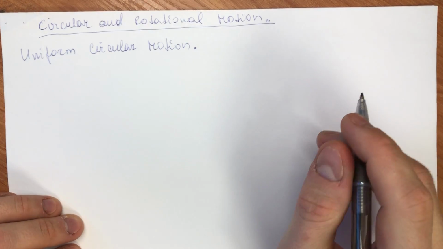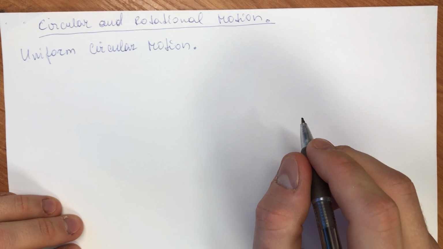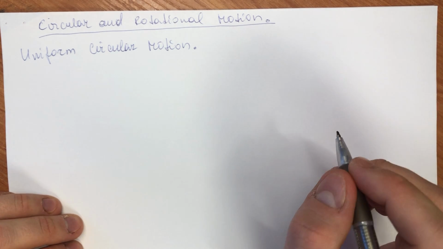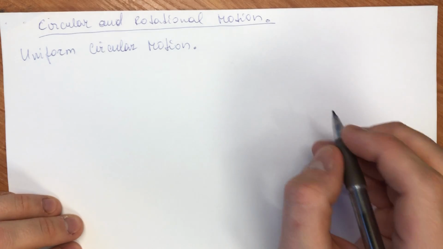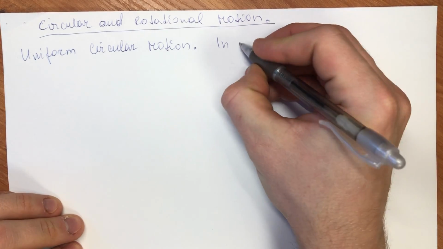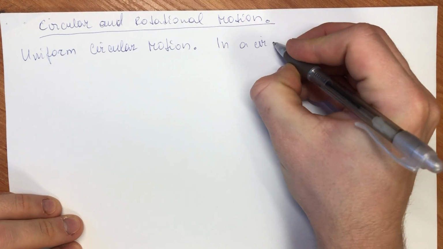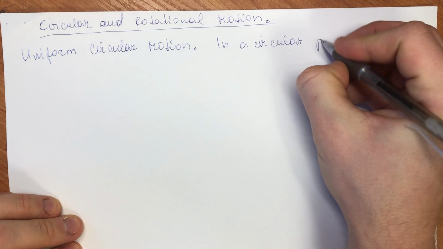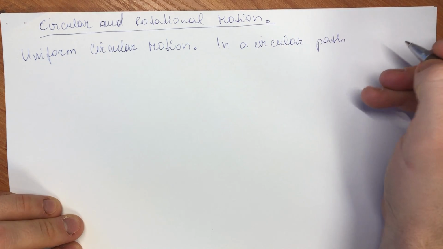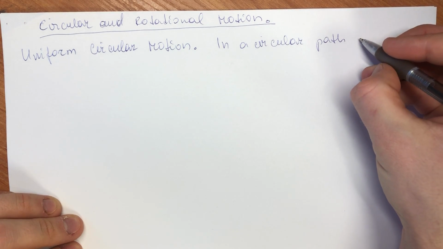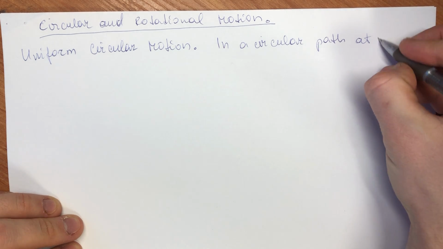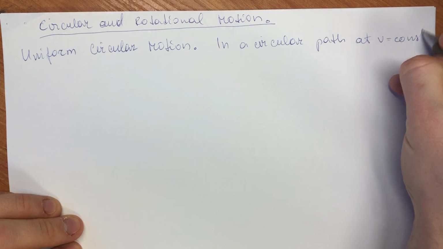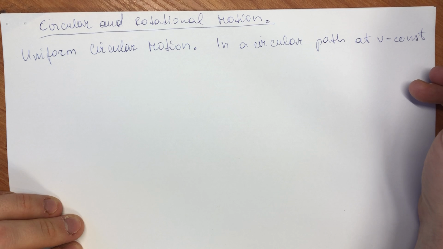This is the kind of motion where an object is moving in a circular path, but at constant speed. So v is constant.